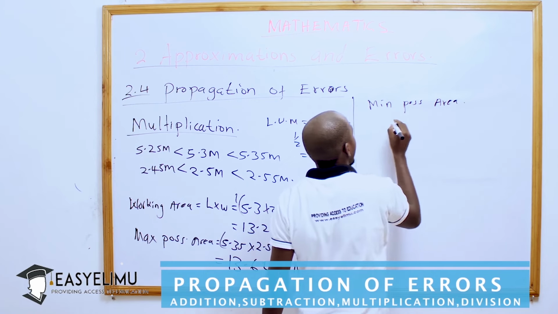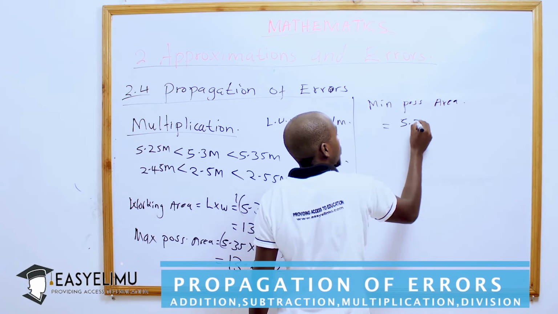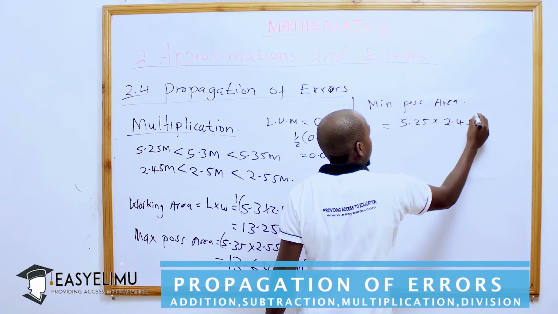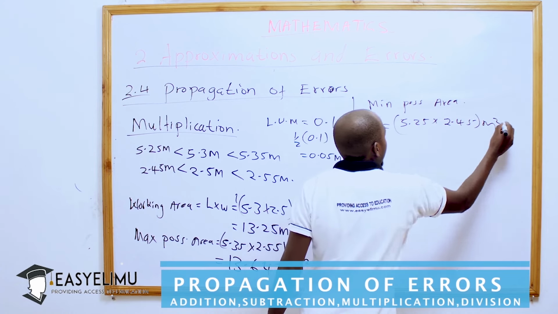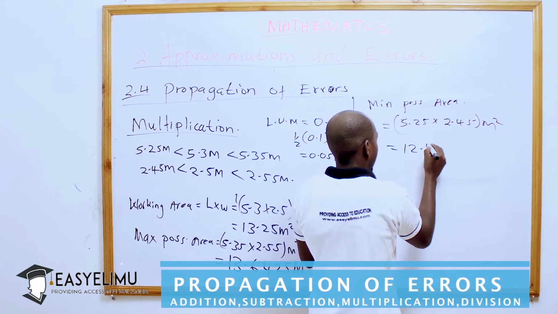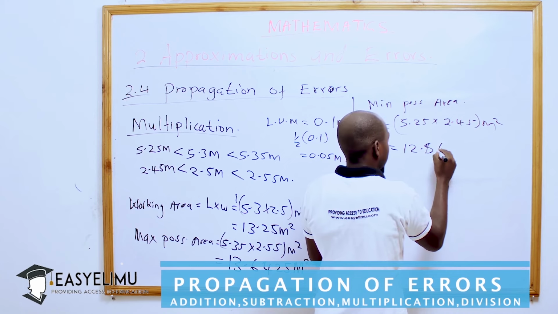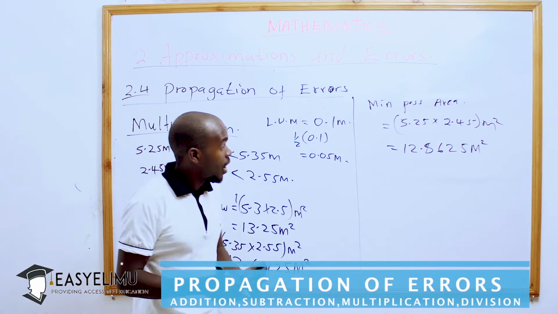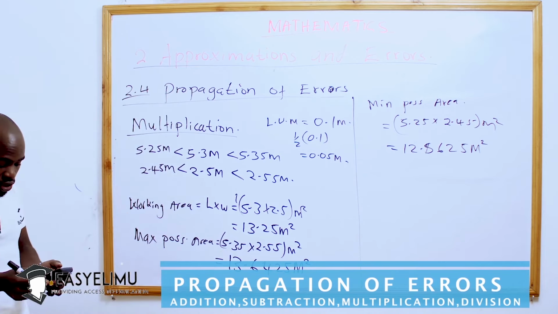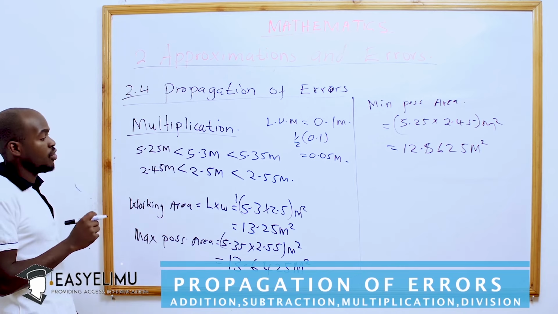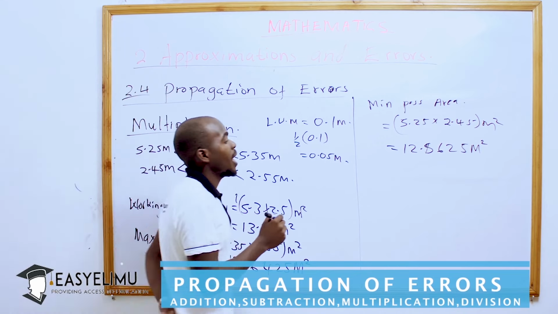Now, after doing that, we need to find the minimum possible area. And that one we are going to get as 5.25 multiplied by 2.45. And we shall get this one as 12.8625 square meters. So after doing that, we now need to find the absolute error in the area. So if we do that, we shall take the working area.